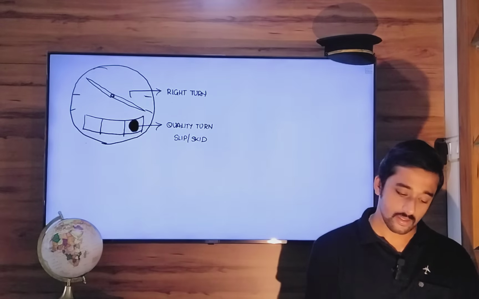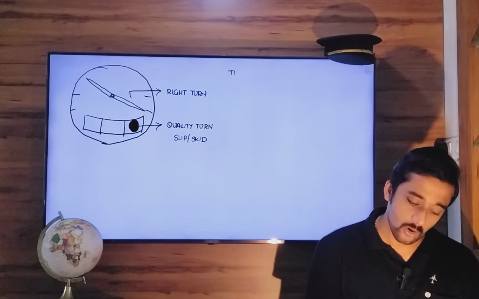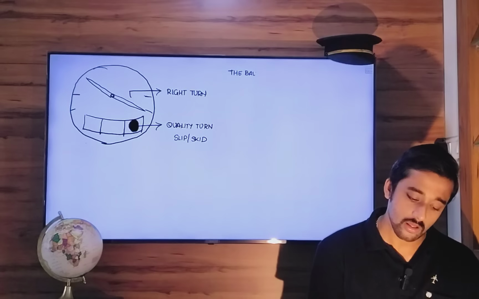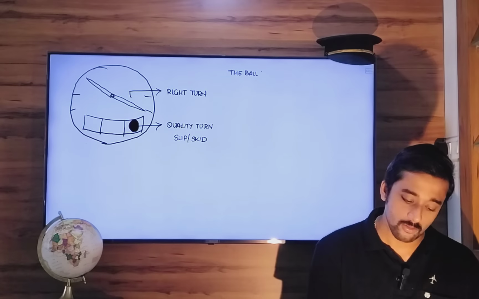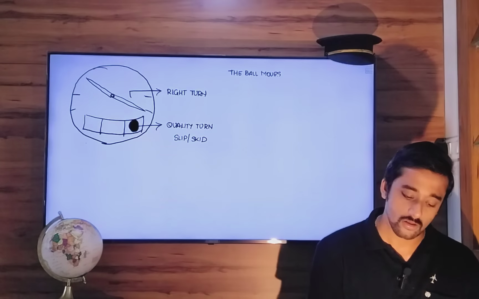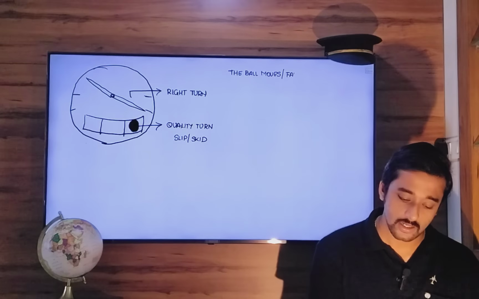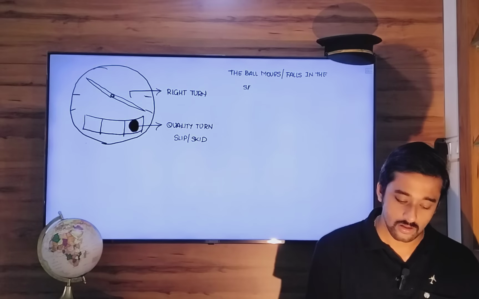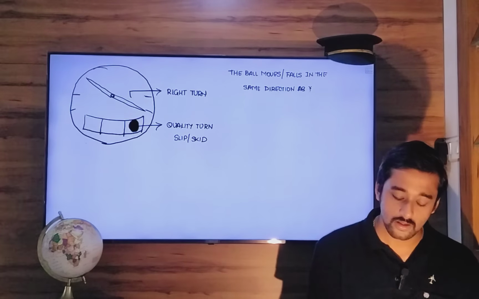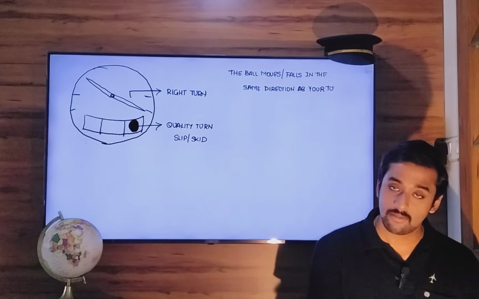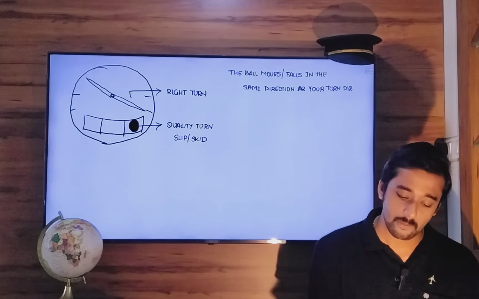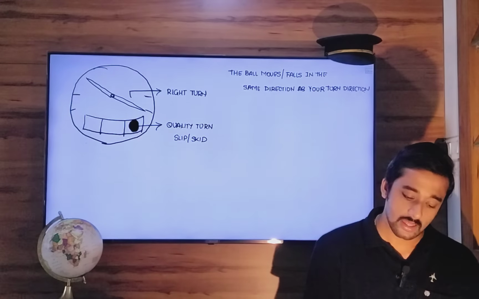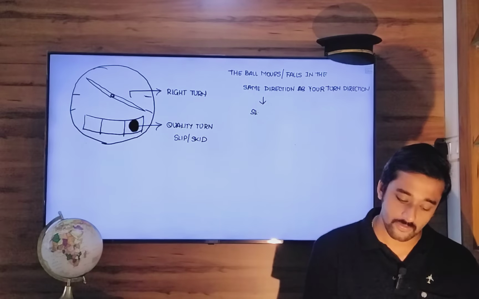Now remember, whenever the ball moves or falls in the same direction as your turn, in the same direction as your turn direction, that condition is called slipping.